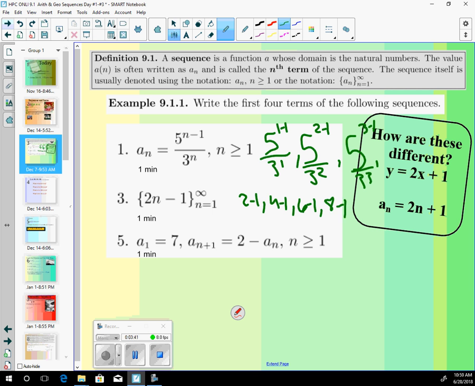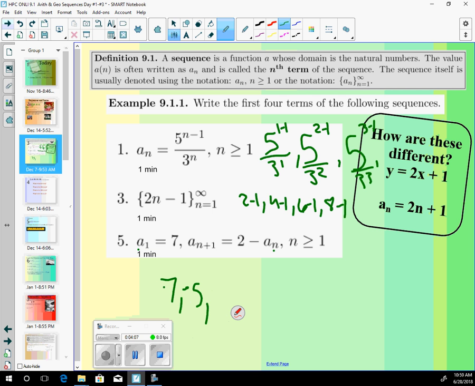This one's interesting because what you're going to do is start with 7, okay? And to get the 2nd term, we take 2 minus the previous term, which was a 7. So 2 minus 7 will be -5. Okay? So there's your -5.